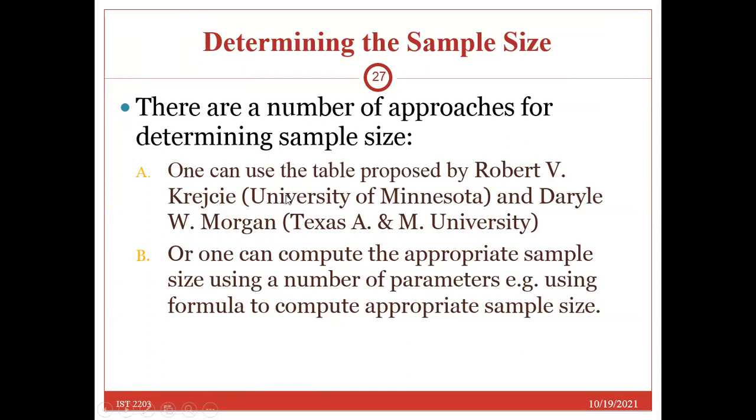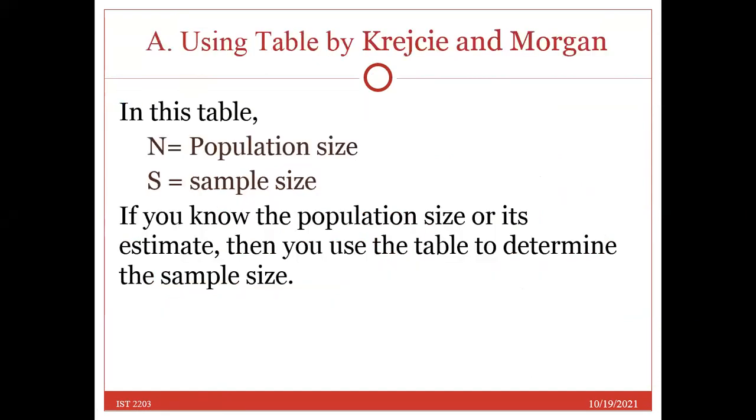So they just put a table there that you can get the numbers from. Or you can compute the appropriate sample size using a number of parameters. So we shall look at that. So basically, we're going to see how you get the sample size from a table, and how you get the sample size by an equation.